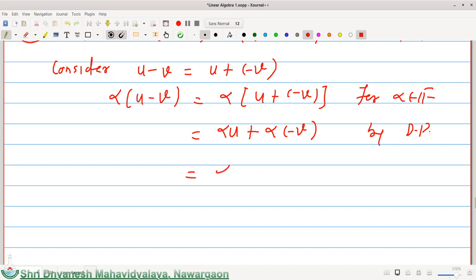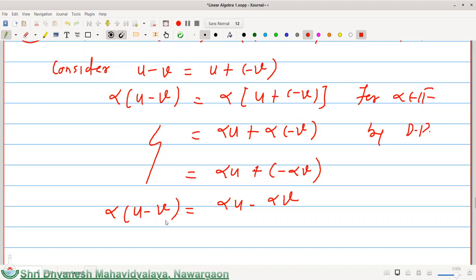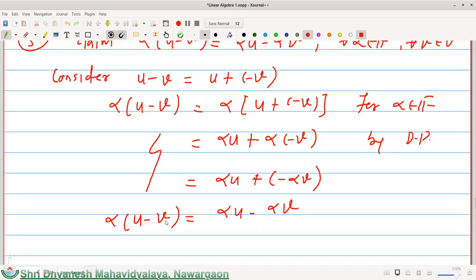Next, this is nothing but alpha u plus minus alpha into v, or alpha into u minus alpha into v. So this is very simple. You follow the left hand side, alpha into (u minus v). So number 5 is proved.